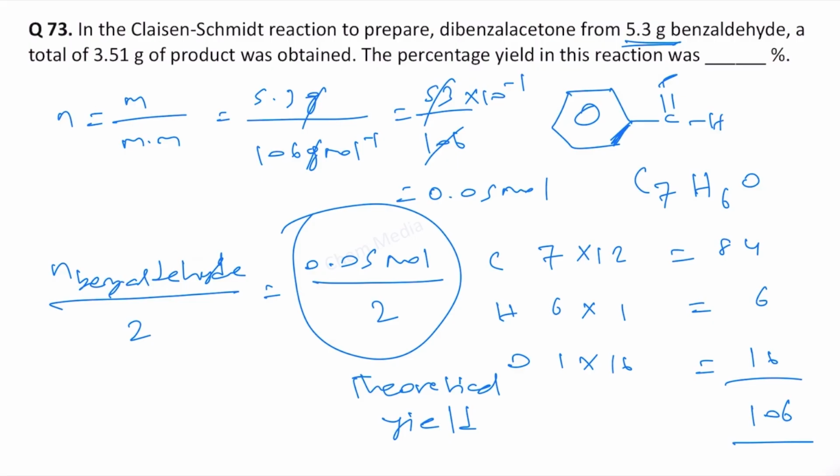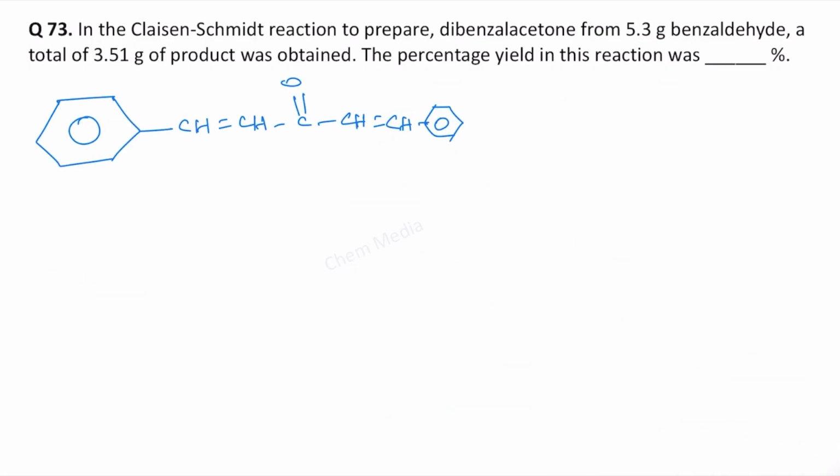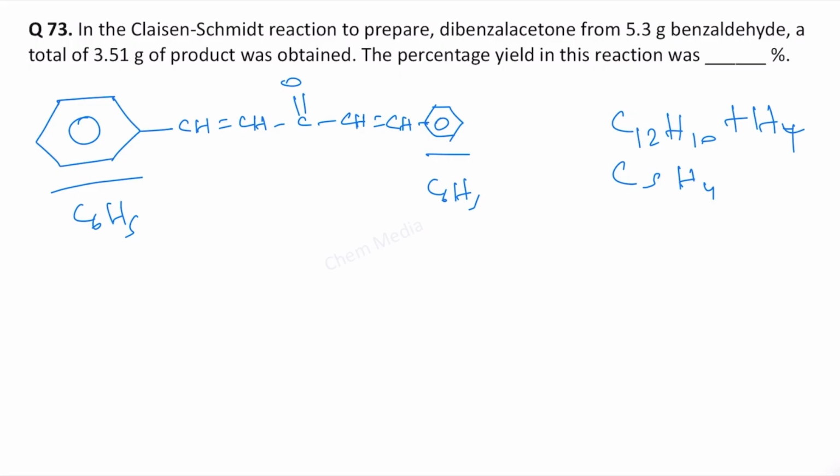Now let's find the actual yield of the product. For that we need to figure out the molar mass of dibenzalacetone, and the weight is given. For dibenzalacetone the molecular formula is, we have C6H5 here and then we have C6H5 here. So together that would be C12H10, and then we have 4 more hydrogens plus 5 carbons, so 4 hydrogens and then 1 oxygen.